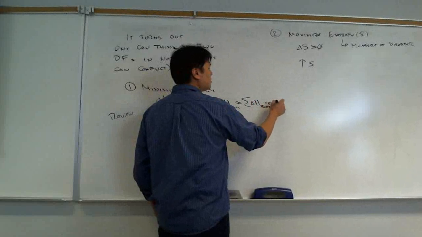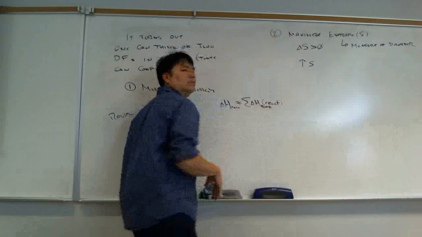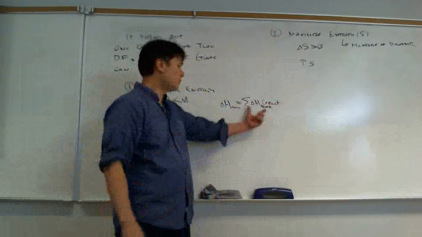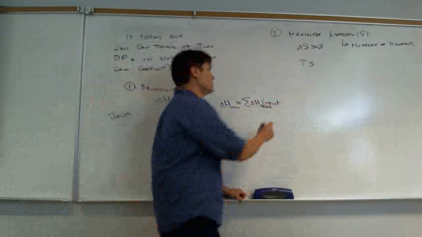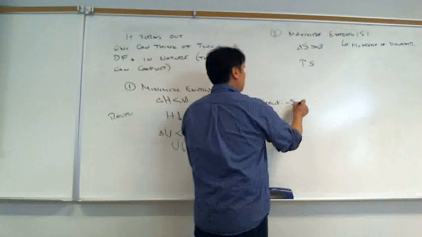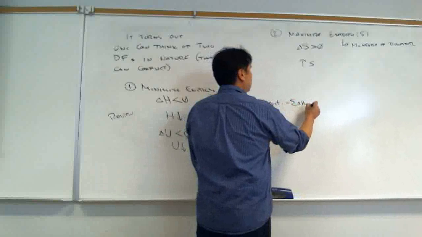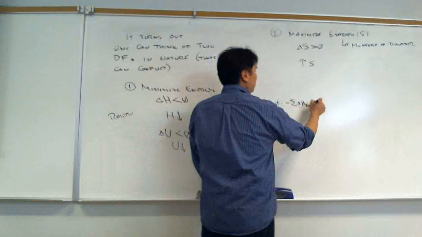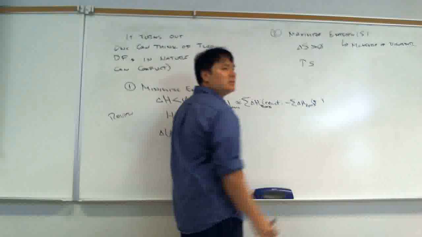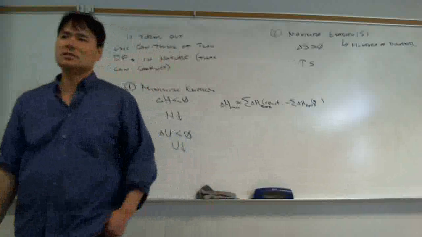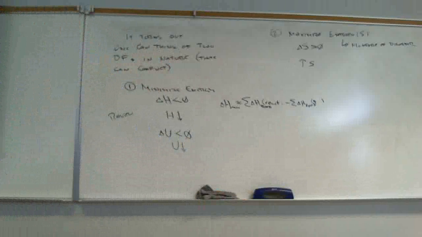Normally it's products minus reactants, but to keep the sign convention right, it's reactants minus the bond energies for the products. You're right, this is probably one of the easiest ways to determine delta H, but there's a problem with it. You know why it's only an estimate? Why it isn't more accurate?